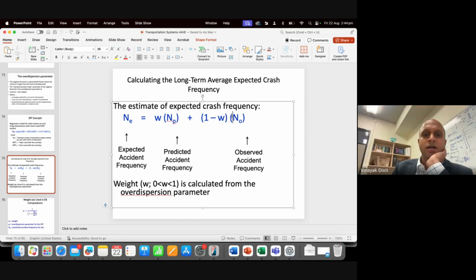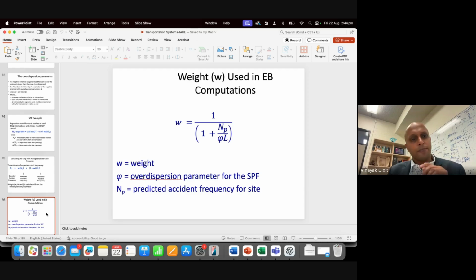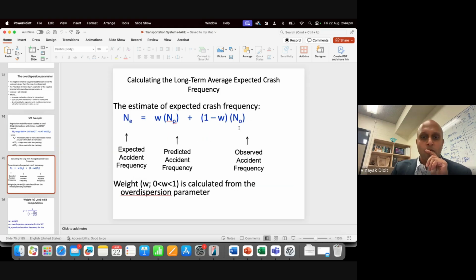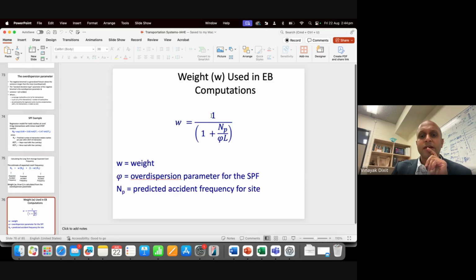So you have to get a predicted value. The predicted value would be just the ADT raised to power 0.65. Observed will be what you have observed. And the weights are based on this, where sigma is the over dispersion parameter.